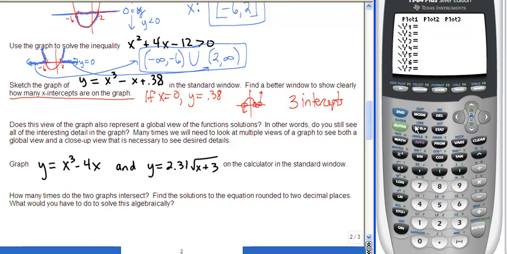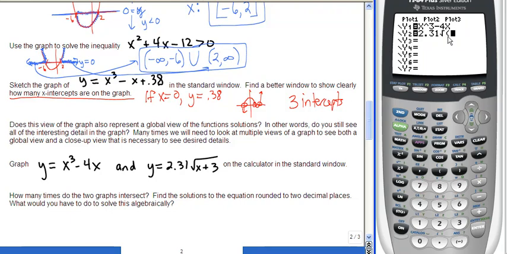So I'm just going to do x raised to the third minus 4x, or you could use that cube button under math. And then I'm going to arrow down to y2, and I'm going to type in 2.31. And then I want the square root button, which is right here above the x squared in blue. So we need to do second x squared.